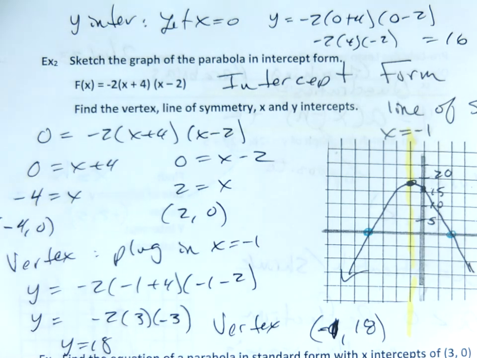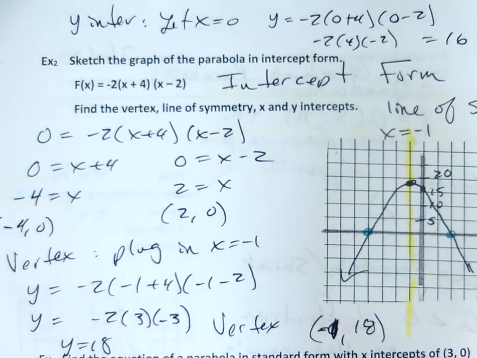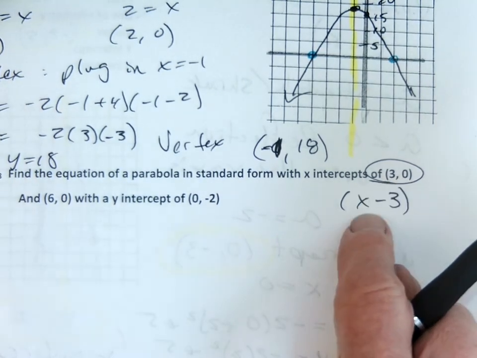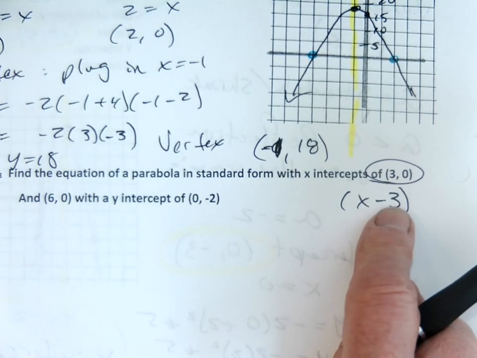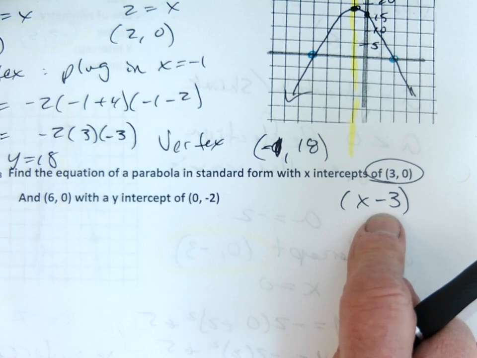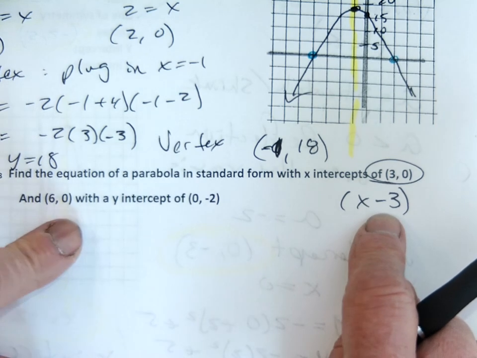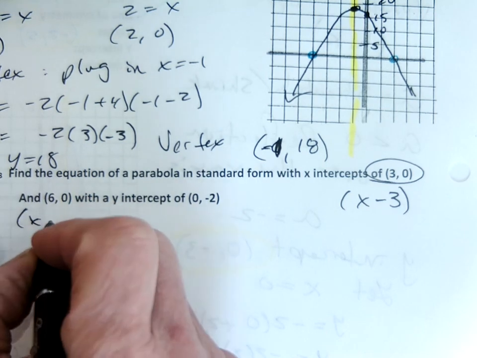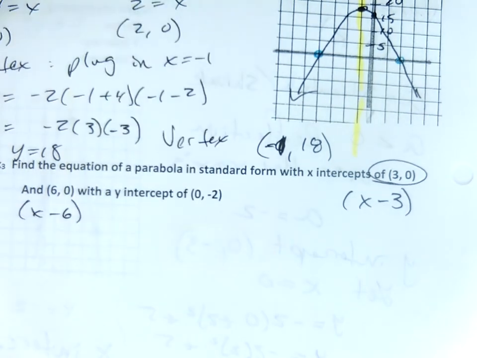Now, you don't really need to do a sketch on this. You do know that if this were an x-intercept, it came from a mini equation of x minus 3. If I get an answer of 3, 0, it came from a mini equation of x minus 3. Thumbs up, does that make sense? And if I get a 6 as an x-intercept, it came from a mini equation of x minus 6, right?